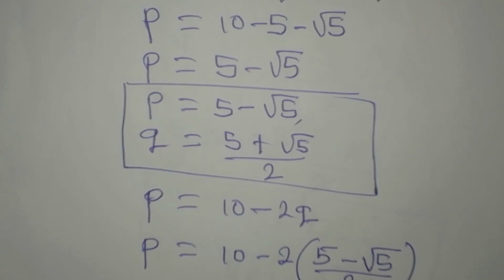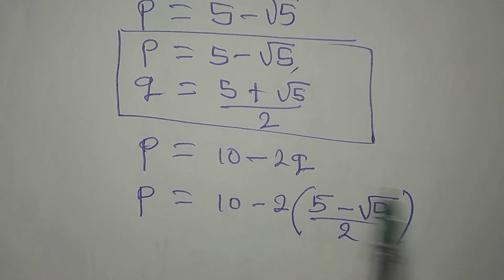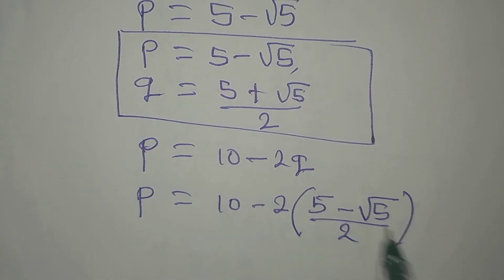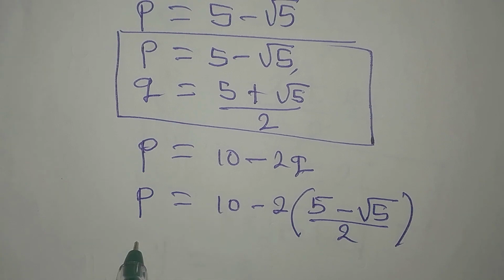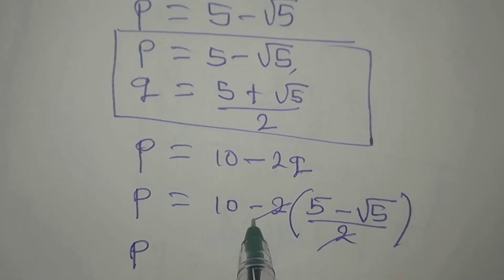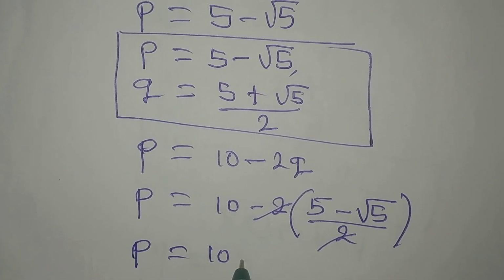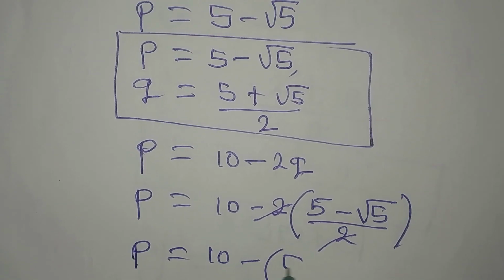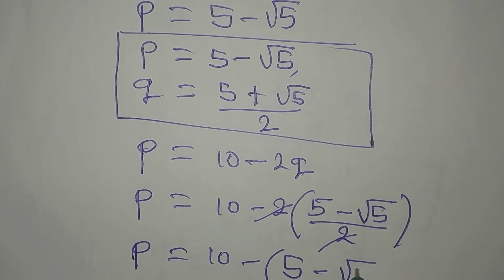The first value of Q that we used is positive there, right? Now it's negative. So P now, 2 will take that out. We have 10 - (5 - √5).